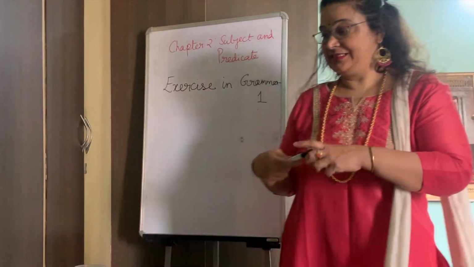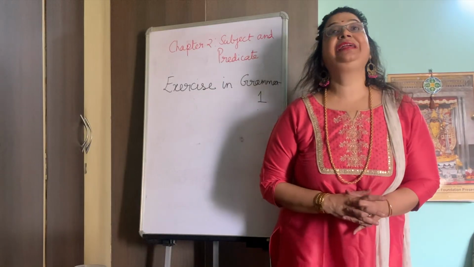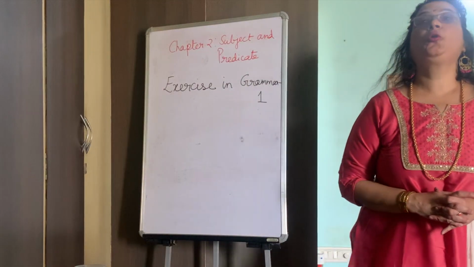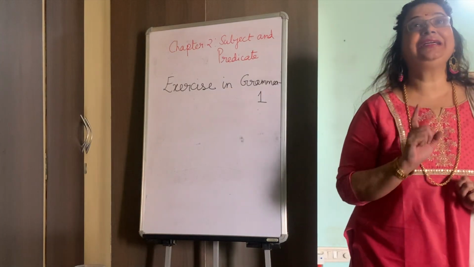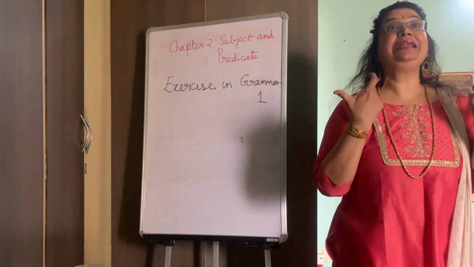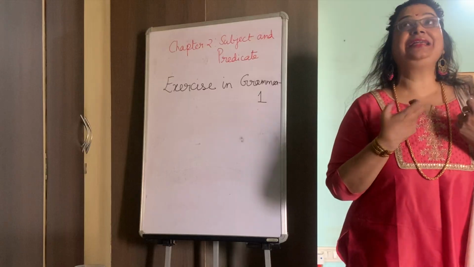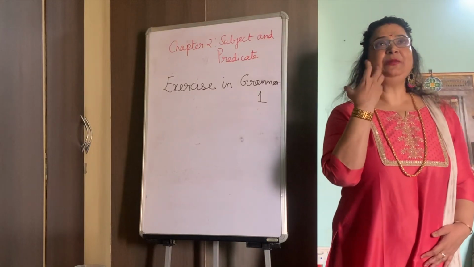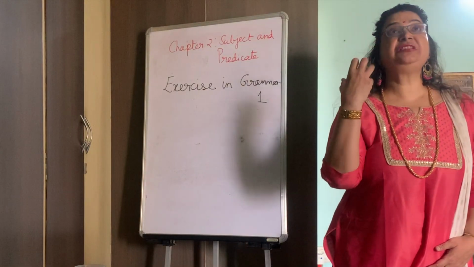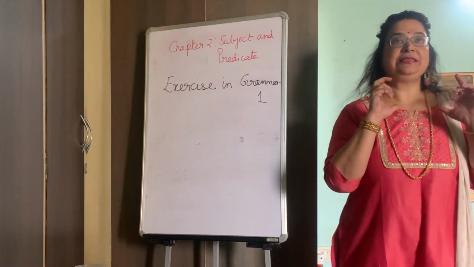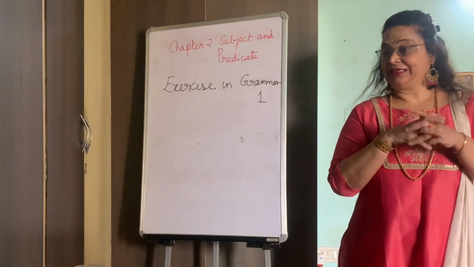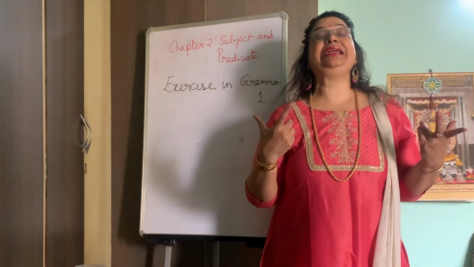Now to get a clearer understanding, we will solve the exercise. The first sentence: the cackling of geese saved Rome. Here the subject is not only the geese but the cackling of geese. What is cackling? Cackling means an unpleasant, loud sound or laughter. The cackling of geese saved Rome.